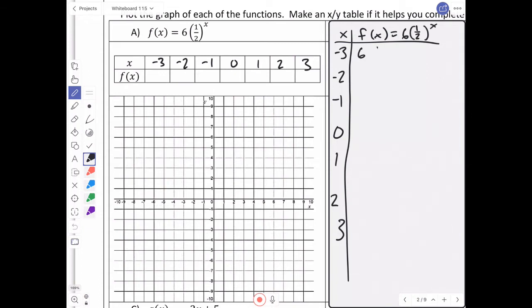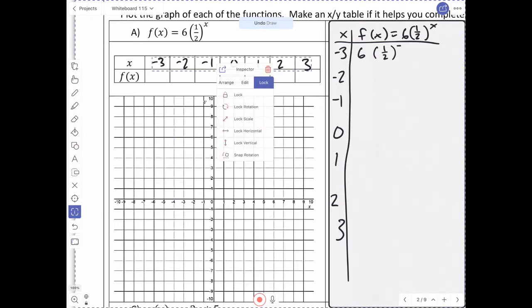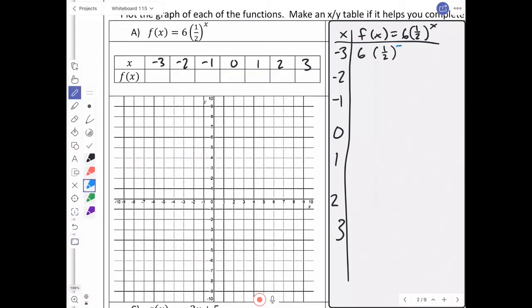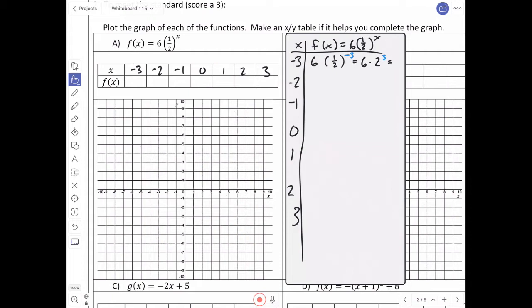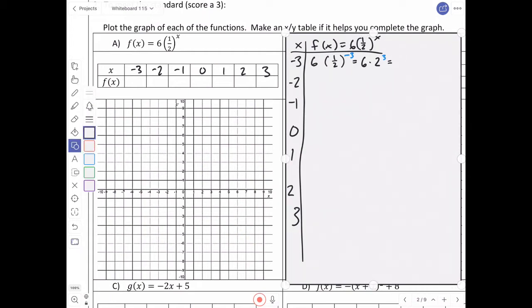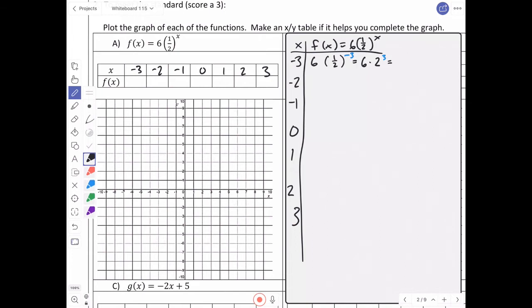So I've got 6 times 1/2 to the -3rd, which is the same as 6 times 2 to the +3rd. 2 to the +3rd is 8, so 6 times 8, so 48.